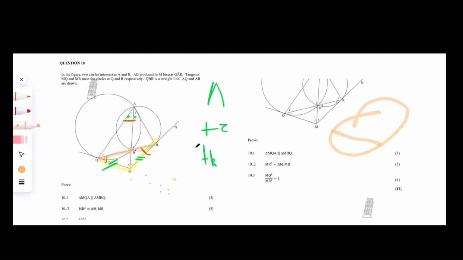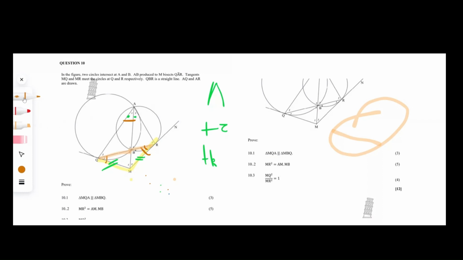The next thing you want to do is identify the angle between the chord and the tangent. The angle between the chord, which is BR, and the tangent, which is MR, is R1. The third step in the process is to identify the angle that the chord subtends. How do you identify an angle that a line subtends?